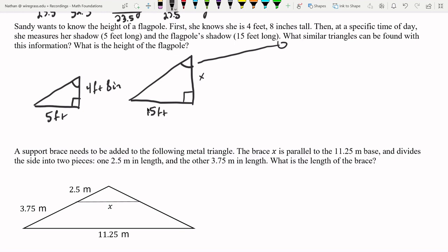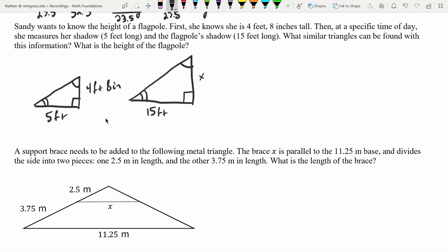If the 90-degree angle is the same and this angle is the same, this angle by default has to be the same, since all three angles add up to 180 degrees. So that angle must be the same for both triangles, and they are indeed similar triangles.